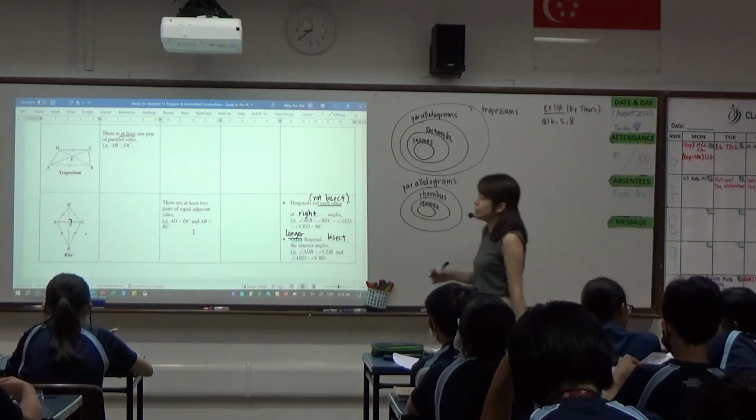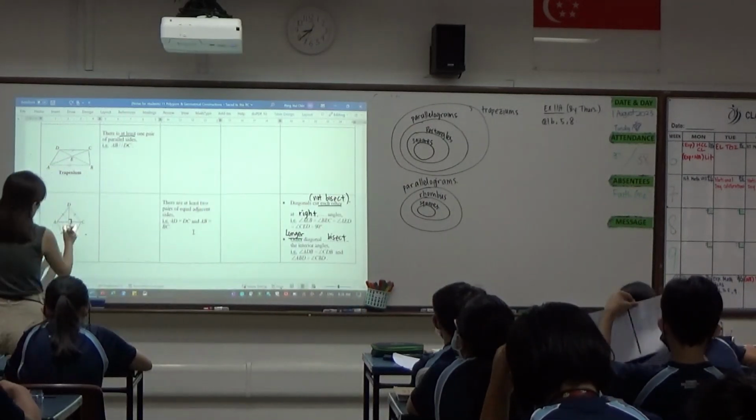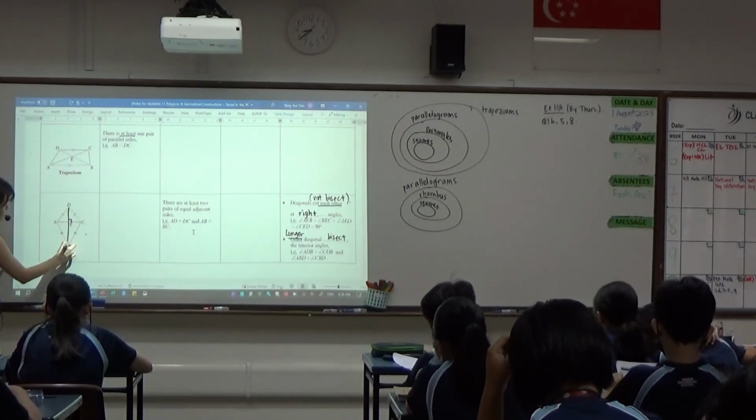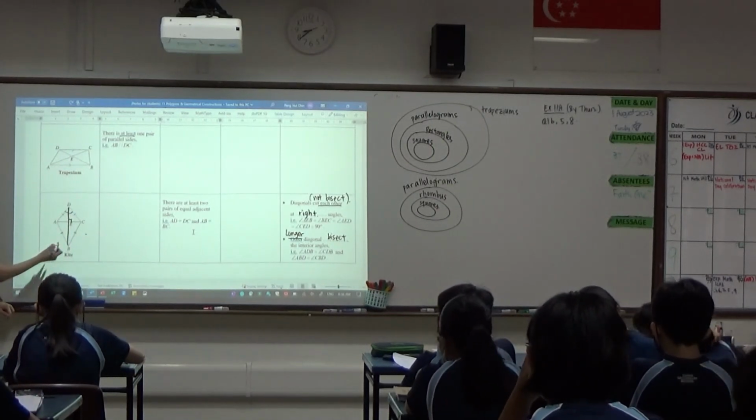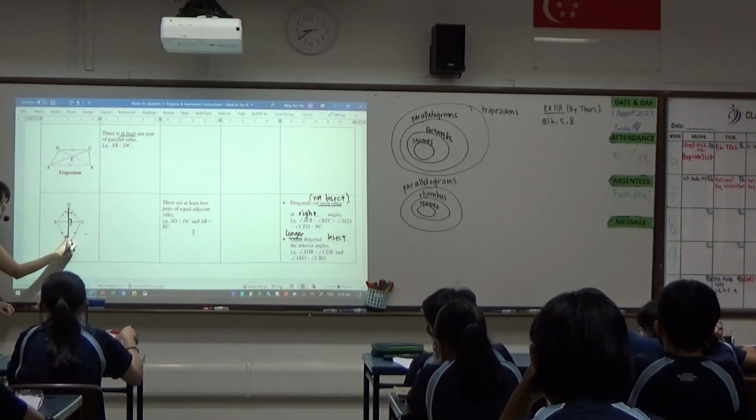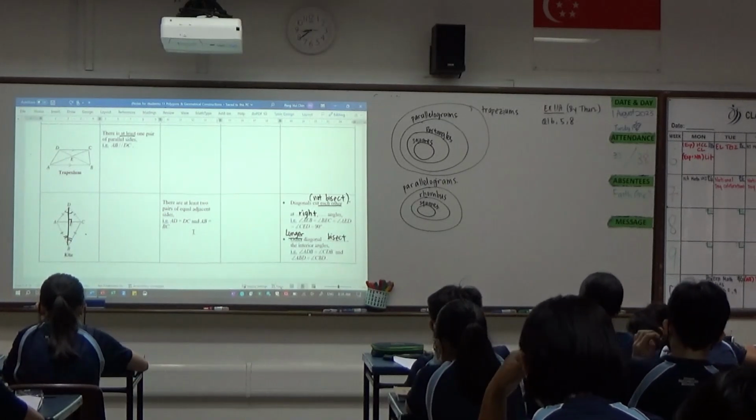So in this case, our longer diagonal refers to this line over here. It will cut the angle here in two equal parts. It will also cut the angle here into two equal parts.